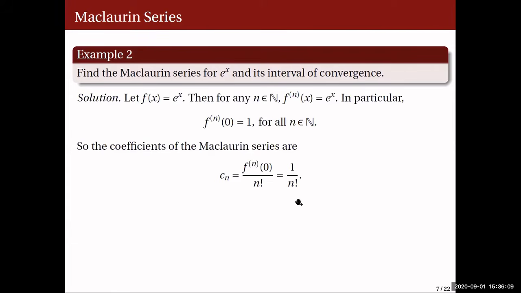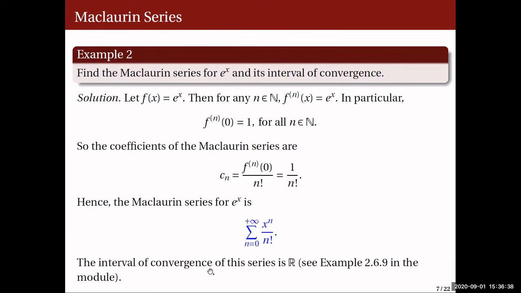And so the Maclaurin series for the exponential of x is given by the summation from n equals 0 to positive infinity of c sub n, which is 1 over n factorial, times the quantity x minus 0 to the n, or simply the summation from n equals 0 to infinity of x to the n over n factorial. By the ratio test, you can see that the interval of convergence of this series is the set of real numbers, where the complete solution can be seen in example 2.6.9 in the Math 22 module.